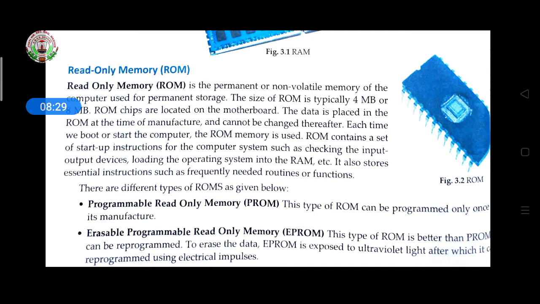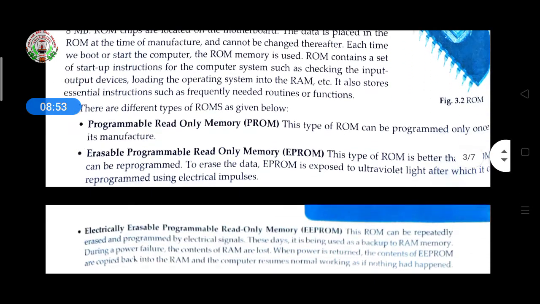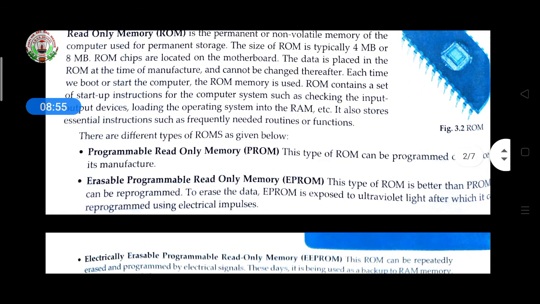Hardware means the keyboard is hardware and the mouse is also hardware, so every hardware has software, and while starting the computer, all the software should start. So slowly, while booting, the ROM will switch on all the software and get ready to do the work. Then there are different types of ROMs.